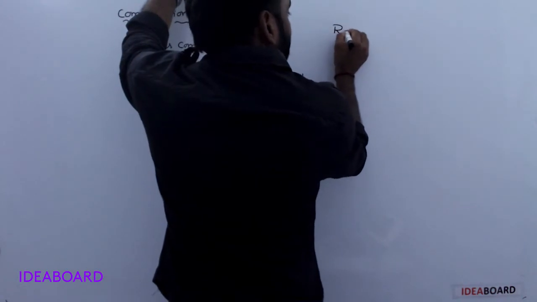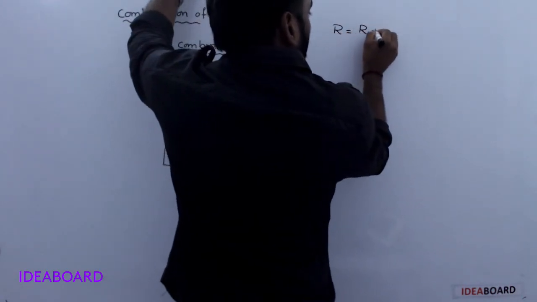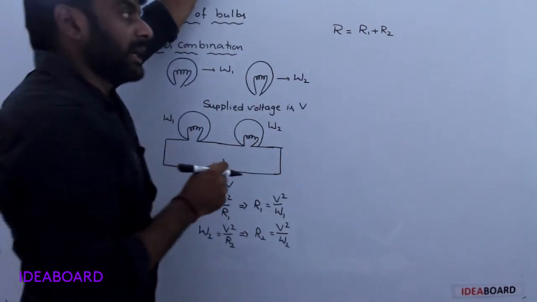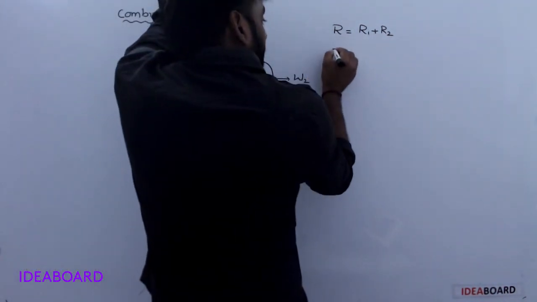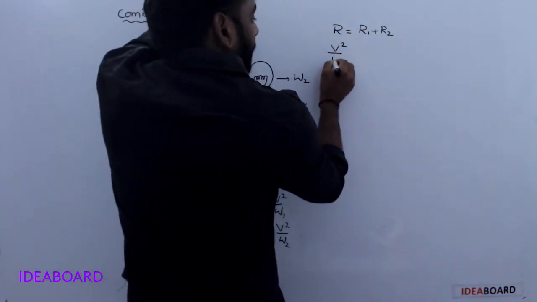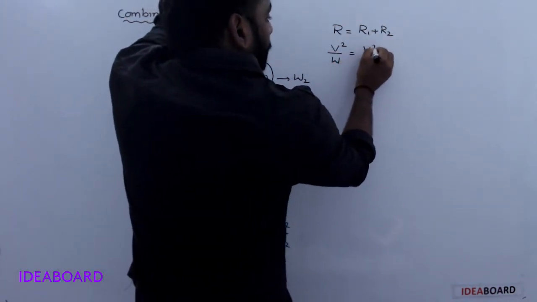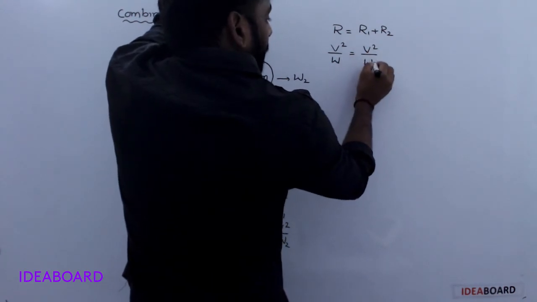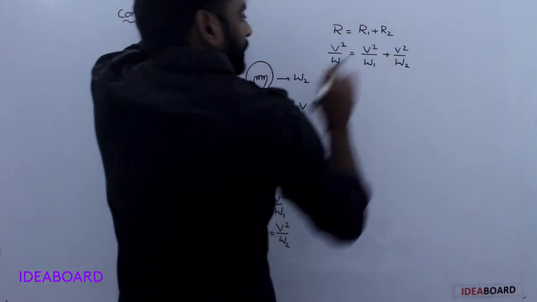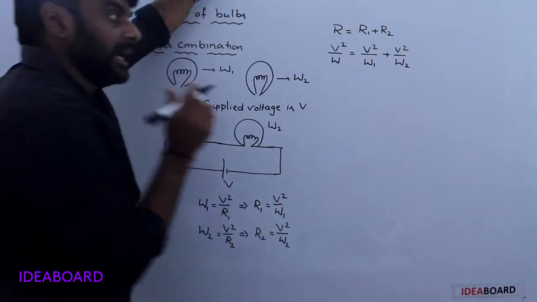In series combination, resistance is equal to R1 plus R2. Now, based on this, you write V square by W is equal to V square by W1 plus V square by W2, because the same potential is applied.